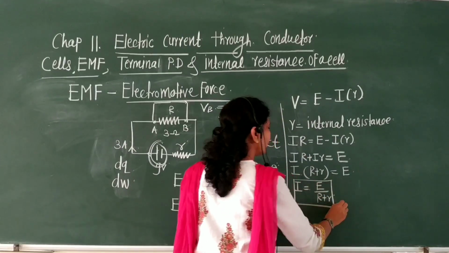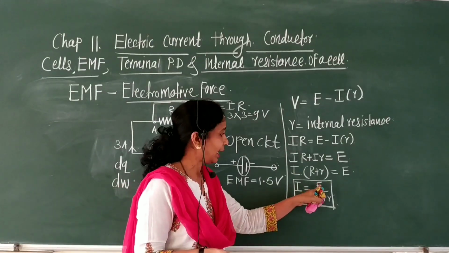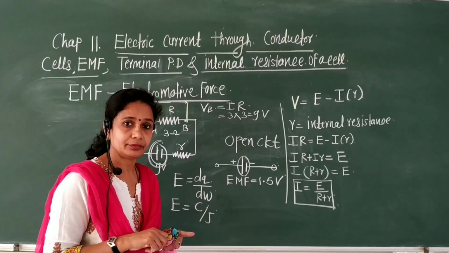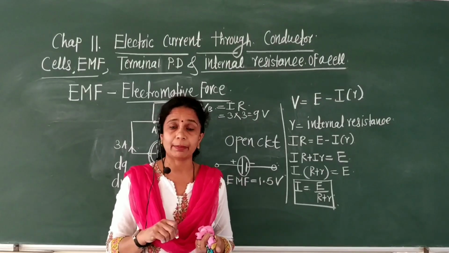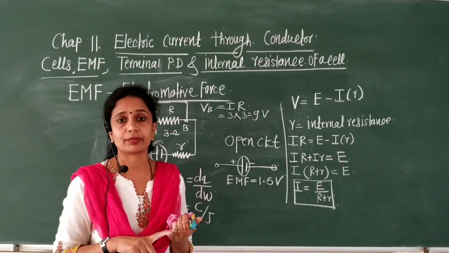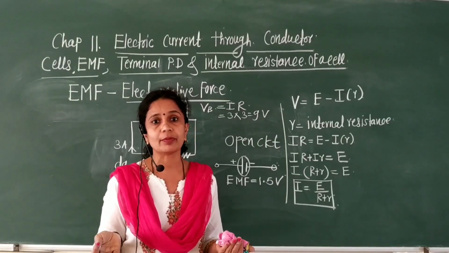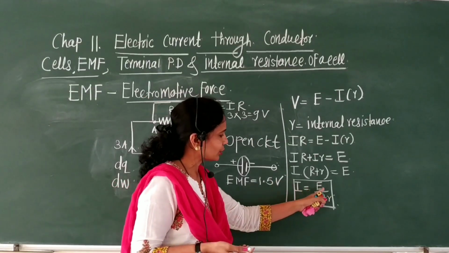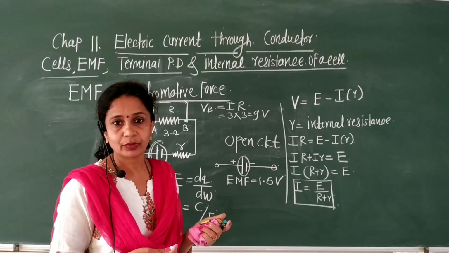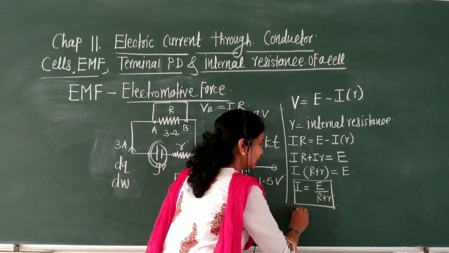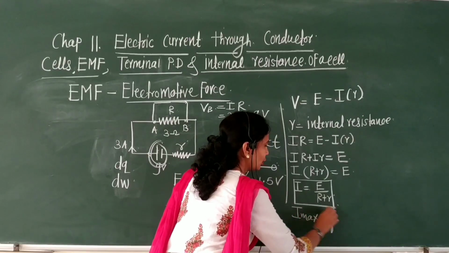This is the important equation which gives the relation between the current and the EMF of a cell. There are a number of devices which give EMF, for example different power cells, solar cells, different generators. Therefore, I is equal to E upon R plus r. If the value of capital R is equal to 0, then I maximum is equal to E upon small r.